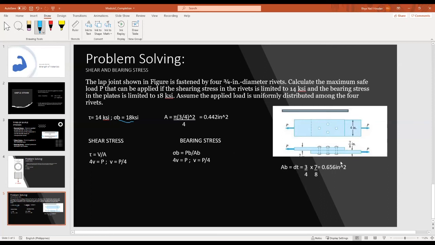So our shear stress is 14 ksi. 14 ksi is equal to P1 over 4 multiplied by the area of the rivets, which is 0.442 each.